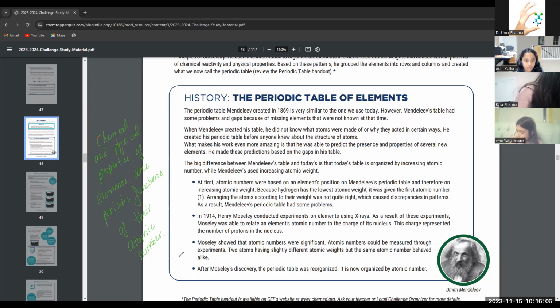Chemical and physical properties of elements are periodic functions of their atomic number. Yeah. We are okay with this? Yeah. It makes sense.